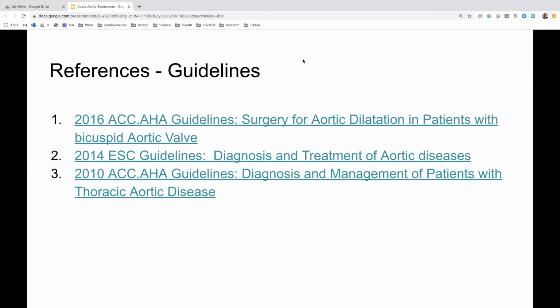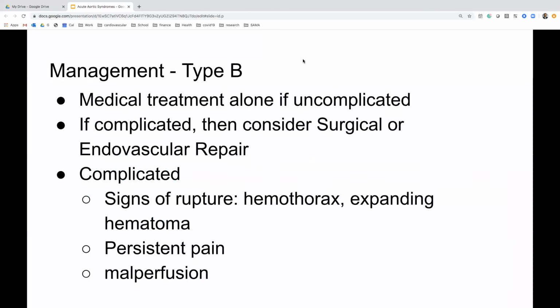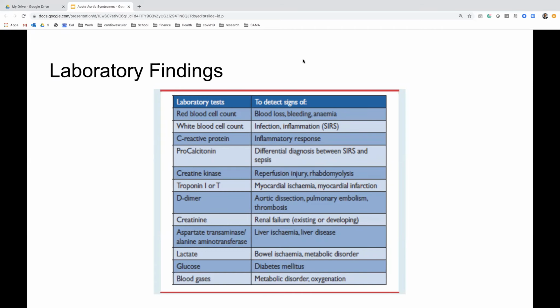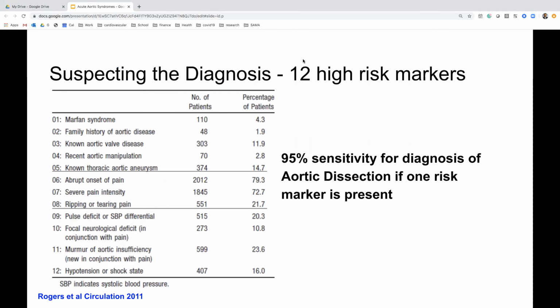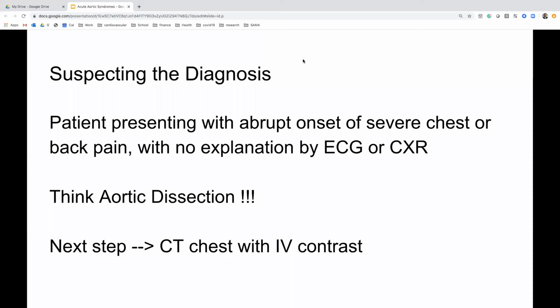And if you depend on echo for follow-up of the diameters of the aorta, especially the aortic root, in patients with bicuspid aortic valve, to see how often it progresses and to decide about the timing of surgery, remember that it might enlarge in a way that you cannot detect on echo. But if you are diagnosing a patient as a bicuspid aortic valve with aortopathy, the best way to follow those patients up is on either a CT or MRI, not echo.